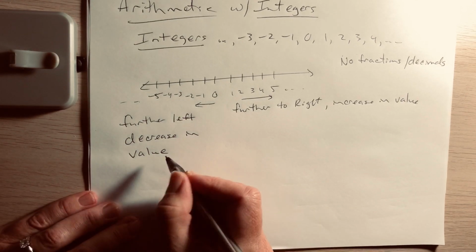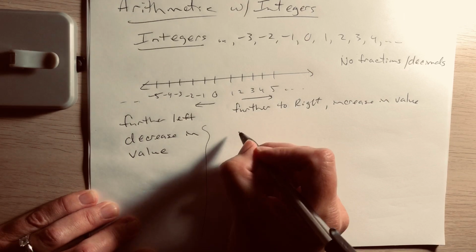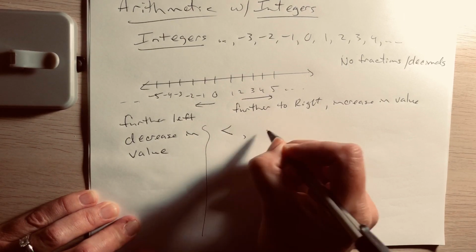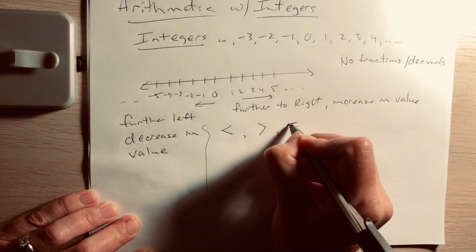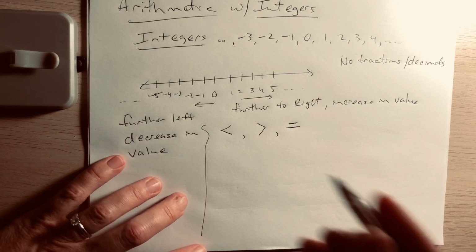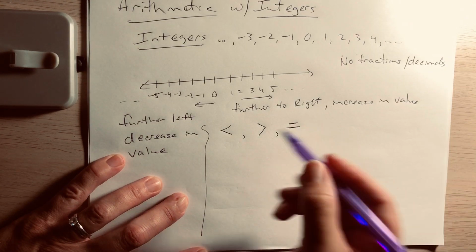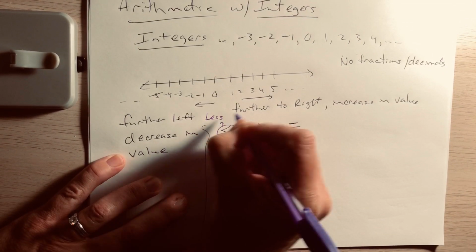So for example, if I'm going to compare, we're going to be using the signs less than, greater than, or equal, as the case may be. Of course there's also less than or equal, greater than or equal signs. We won't be using those today, but this sign is read as less than.